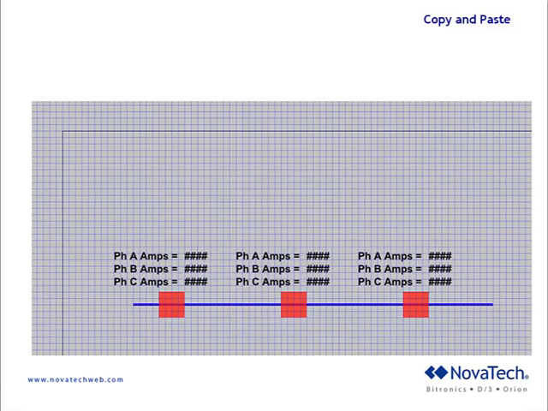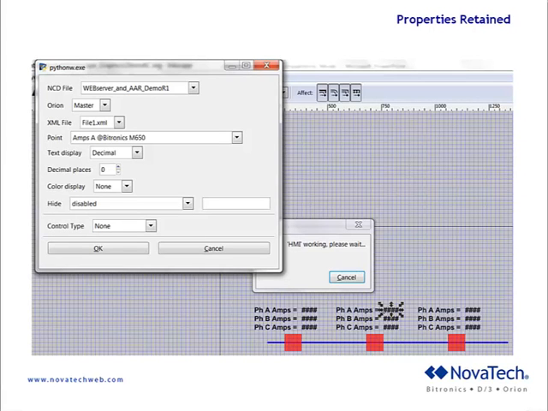By dragging the cursor around the configured elements in, say, the leftmost image there, around phase A, B, C, and all that, and that red square, you can copy and paste that along that bus section. And one of the things that's nice is that the parameters that you had previously configured get copied and pasted over, those parameters stay the same.